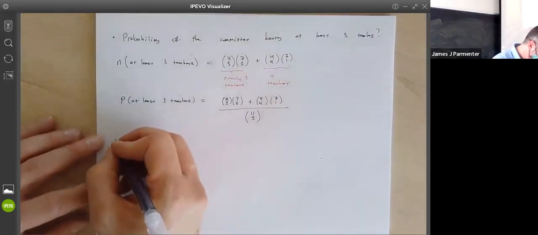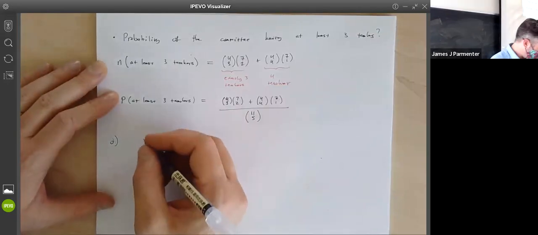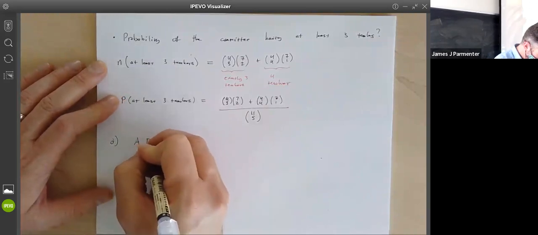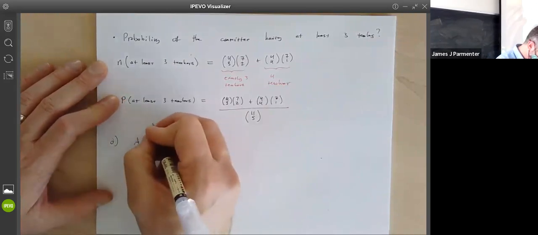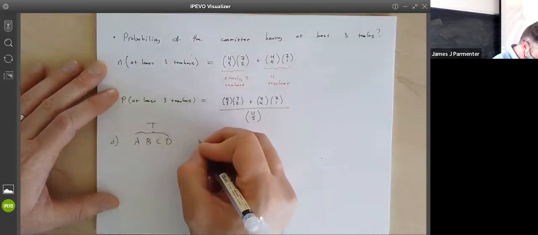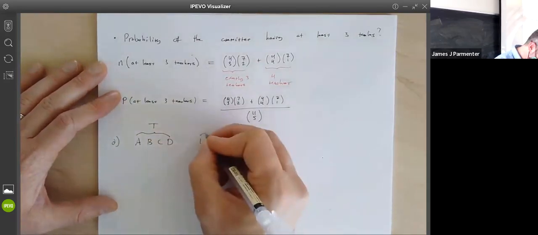Let's look at the last one for this particular problem. A particular teacher and a particular student can't both be in the same committee. Okay, so we've got our 4 teachers. Let's call them A, B, C, and D. And we've got our 7 students. Let's call them 1, 2, 3, 4, 5, 6, and 7.